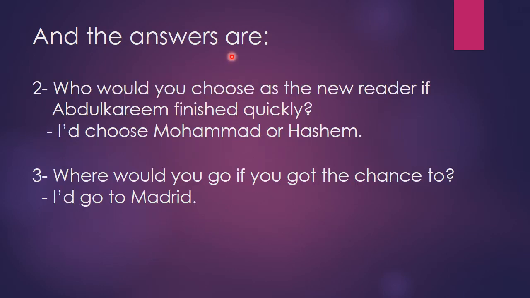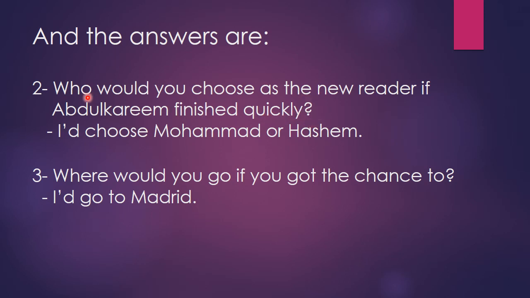Okay, so the answers are based on the form. Who is a question word, would, then comes the subject, you, then the infinitive verb, choose, then as, then the reader. Then comes if, then another subject, which is Abdul Karim, then finished, verb 2, then quickly, then the question mark.